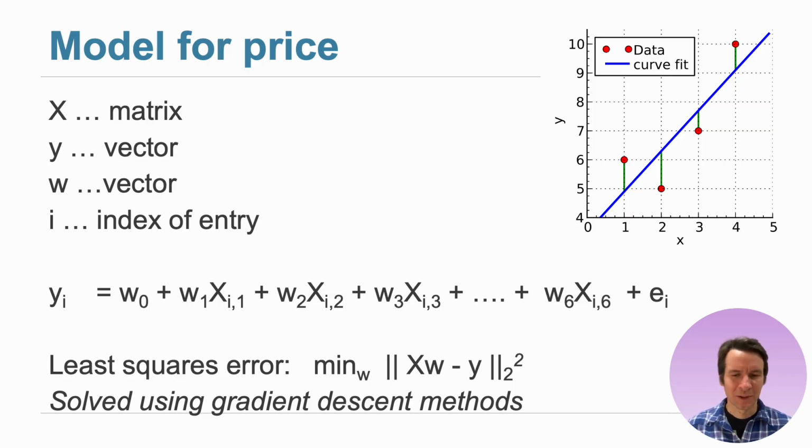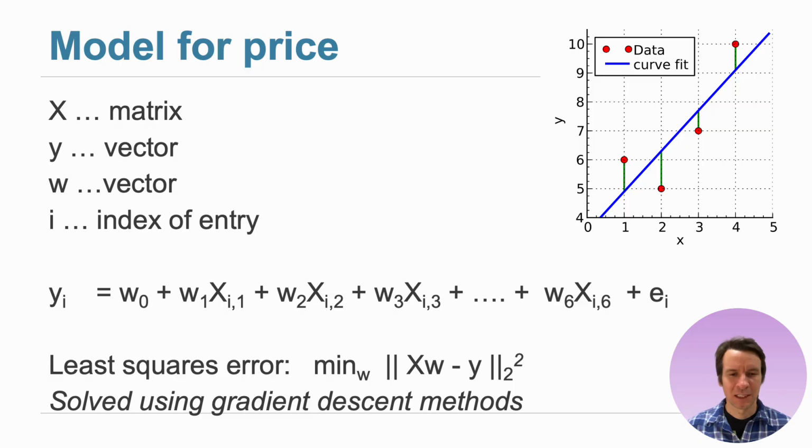Or maybe you are calculating minus e, but it doesn't matter. And then you can take this and square it. There is also a square root in this norm, but it doesn't matter that much. And this is something that can be solved using the gradient descent method.